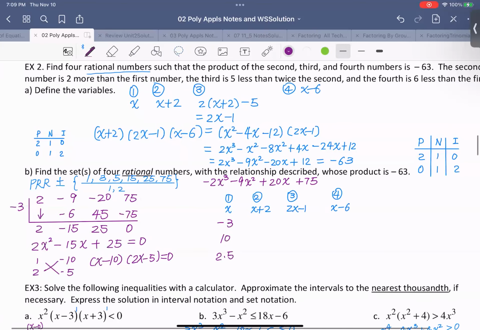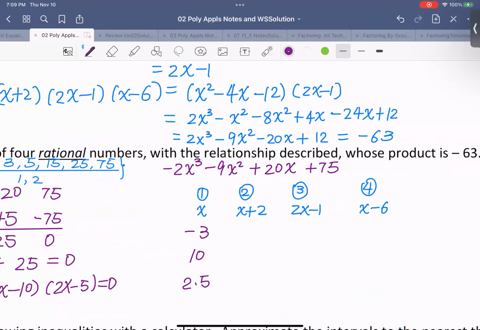And then your second number will be? Second number will be -1. And for the second, wait, -7, right? 2 times this, minus 1, -7, right?